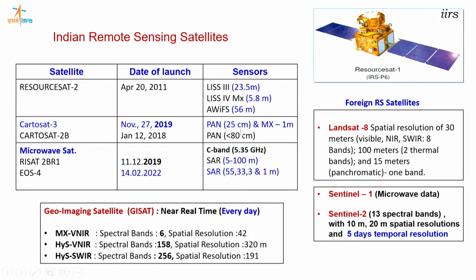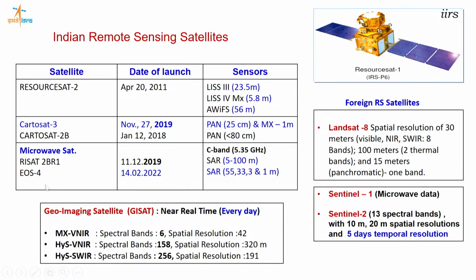So it provides very detailed information. We have 1 meter, 5.8 meter, 23.5 meter, 56 meter, and why are different cameras there? To meet the requirements of different users.